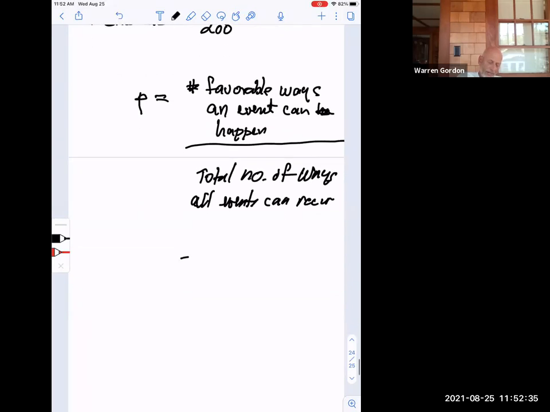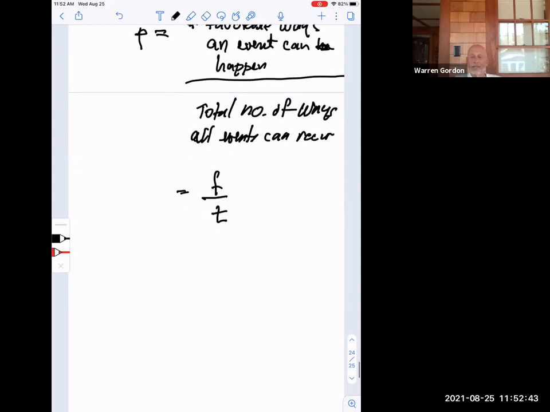Sometimes it's written as favorable over total, F over T. And we're going to give a better definition, by the way, but this is an intuitive definition.